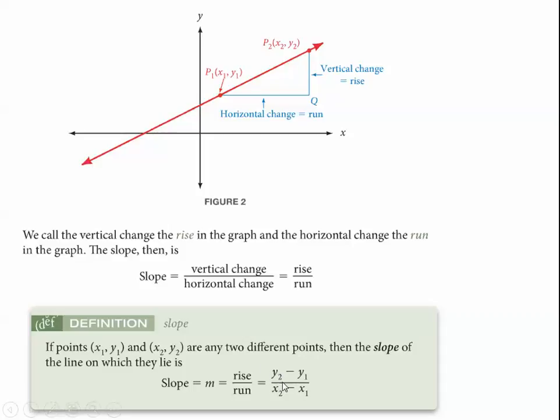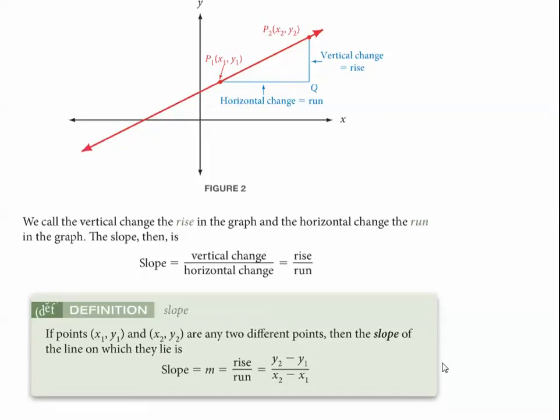So when we say y2, what we mean is the y coordinate of my second point, and y1 means the y coordinate of my first point. Again, on the bottom, x coordinate of my second point, x coordinate of my first point. Which one's the first point, which one's the second point, it actually doesn't matter. Usually we just label them and keep on going.